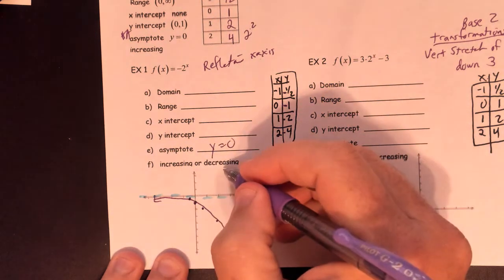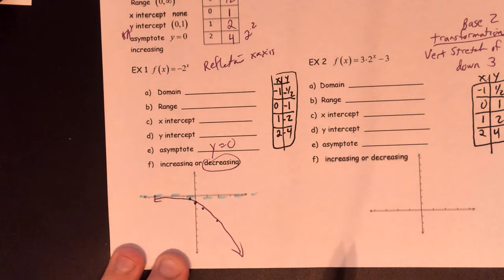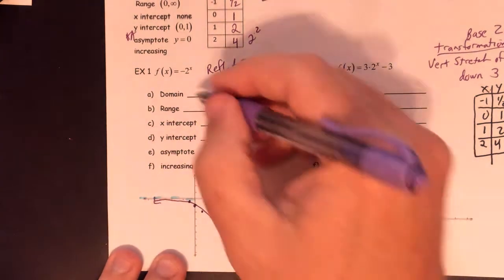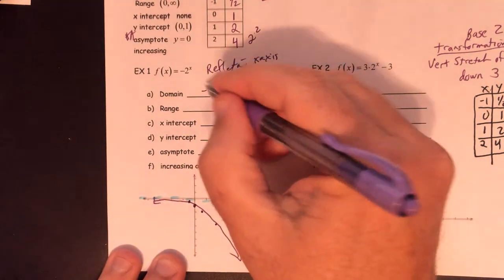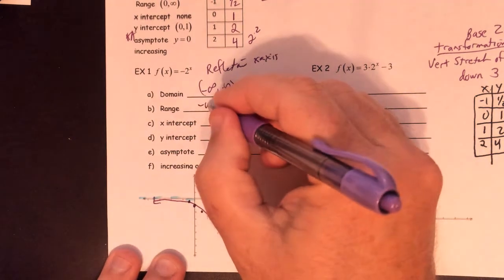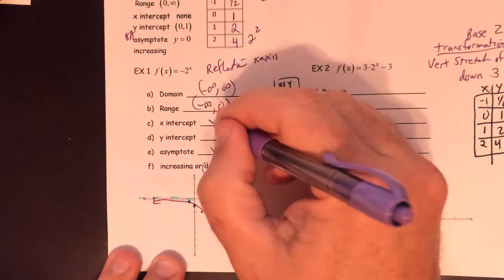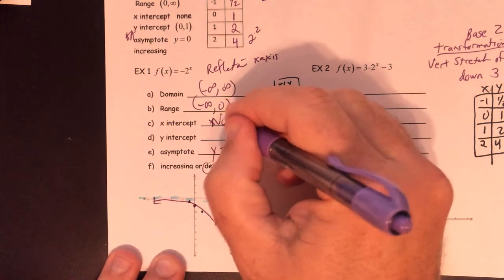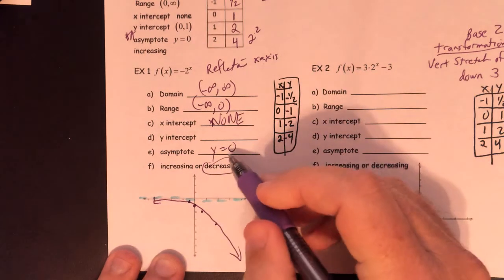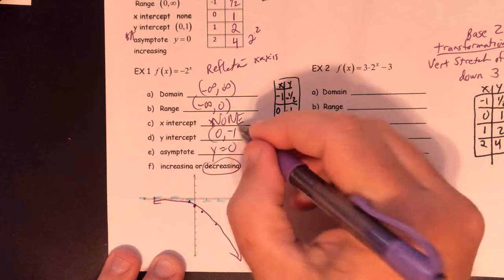Is this increasing or decreasing now? Well, left to right, it is decreasing. Domain is still all real numbers. Range, well, forever down, all the way up to 0, not included. Still no x-intercept. And the y-intercept is going to be at 0, negative 1.